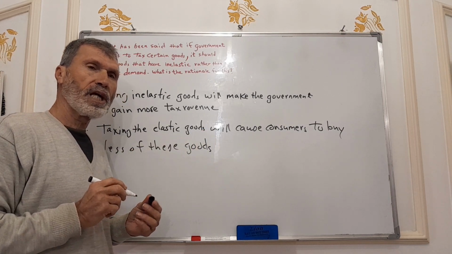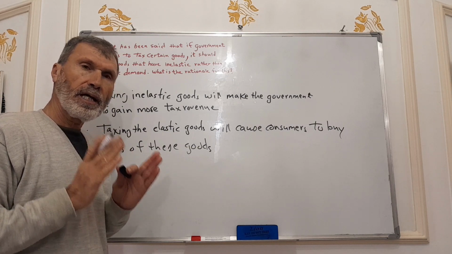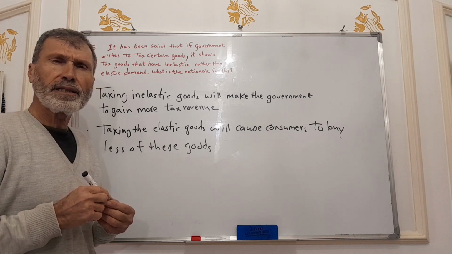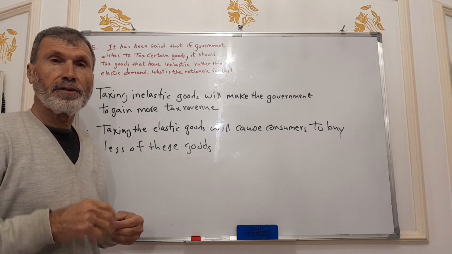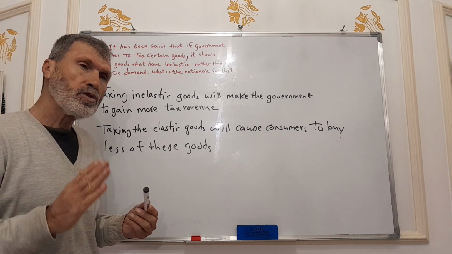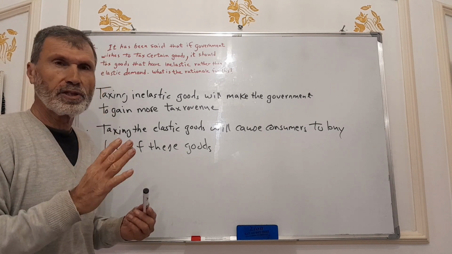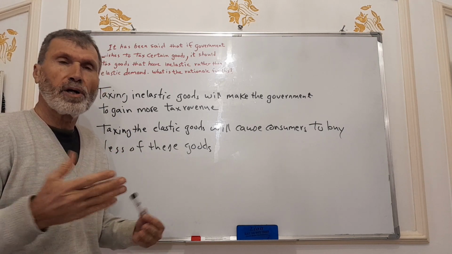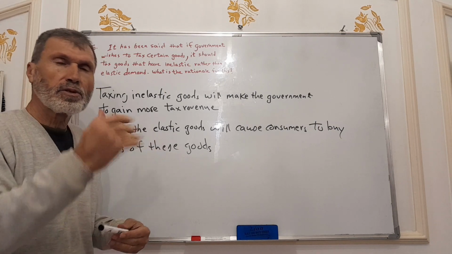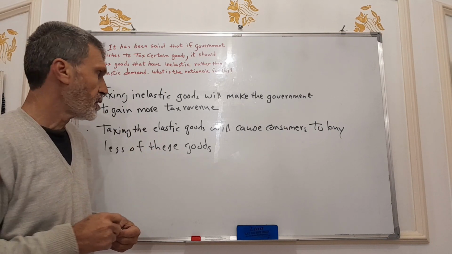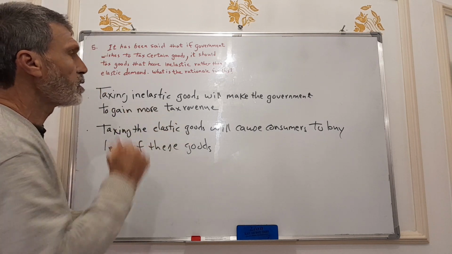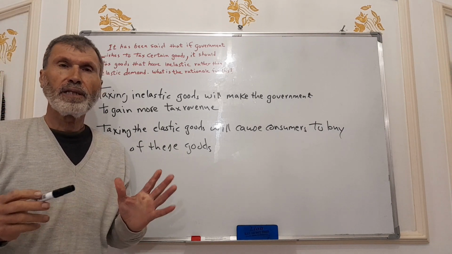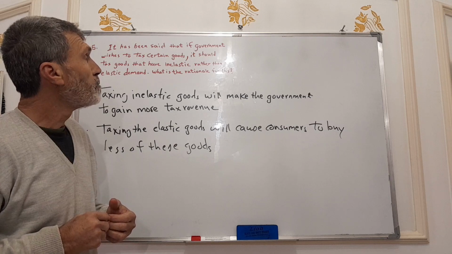Because when the government taxes the price elastic goods, the quantity demanded will decrease greatly. And so consumers, as a result, will buy less of these goods, and therefore taxing these goods will serve the purpose of the government to discourage consumers from buying these goods. So here we say taxing the elastic goods will cause consumers to buy less of these goods. Okay? So this is basically the answer to this word problem.